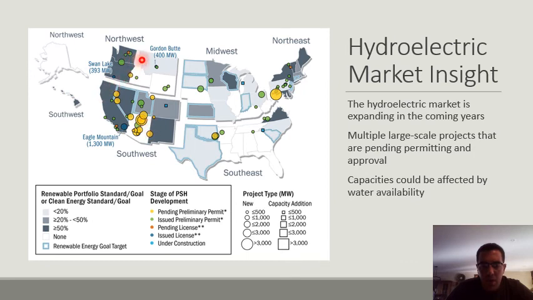So you see there's a lot of green and yellow, and that's basically everything in the permitting stage. There's only one that's under construction right there, and this is from the 2021 report, so that could be done by now. But you can tell these highlighted blue states are the ones that are using this for a renewable energy goal target.